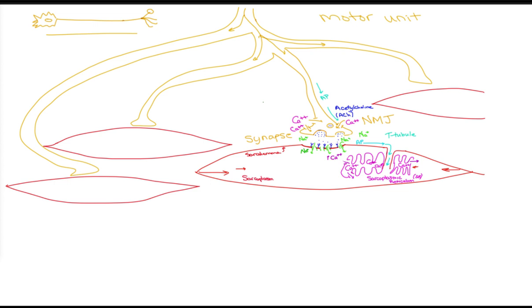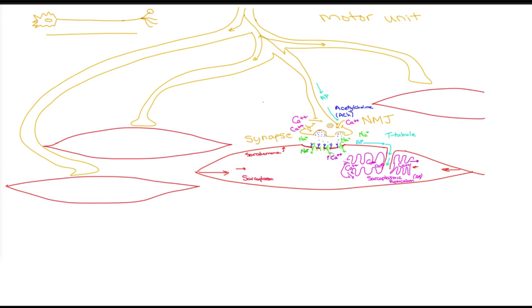So in the last video, we talked about how the signal to contract comes down the motor neuron, splits into a number of different terminal ends, and then a bunch of different things have to happen. A lot of molecules and ions have to move across the space, the synapse between the motor neuron and the muscle fiber.